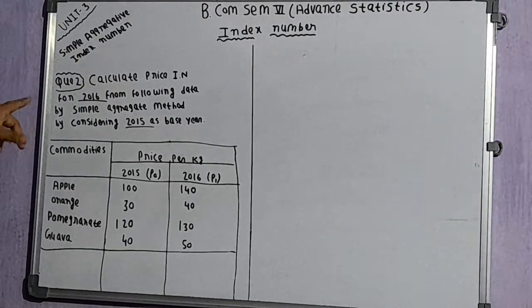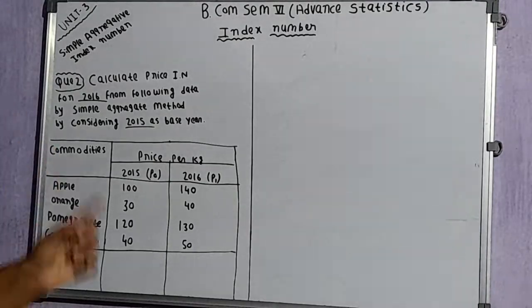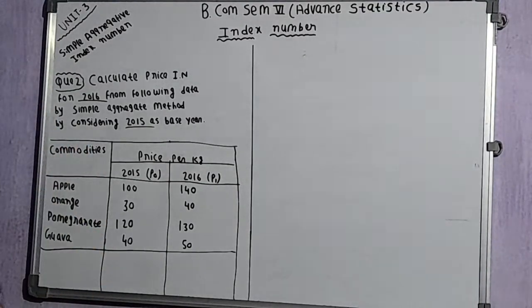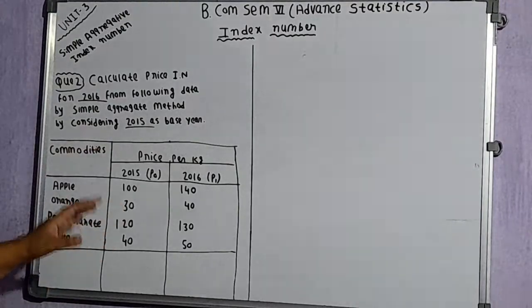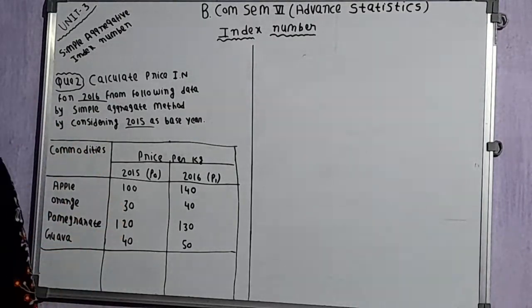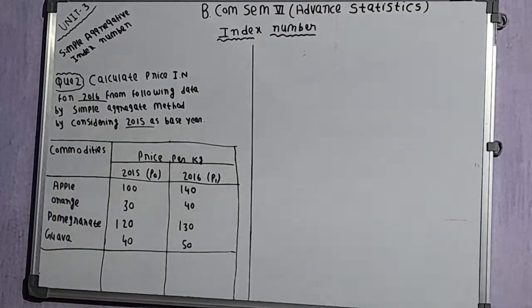With the help of this information we have to calculate the index number for year 2016 using the simple aggregate method. What do we do in this method? First we make the total of prices of commodities in year 2015, then the total of prices in year 2016.